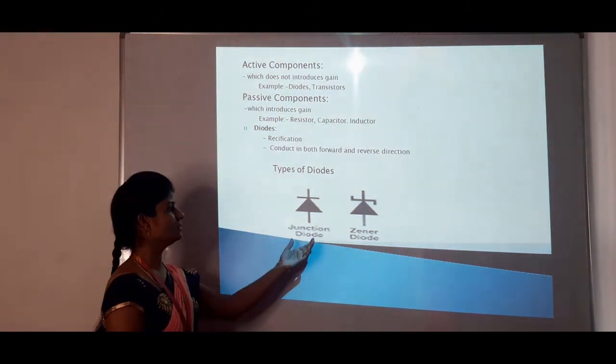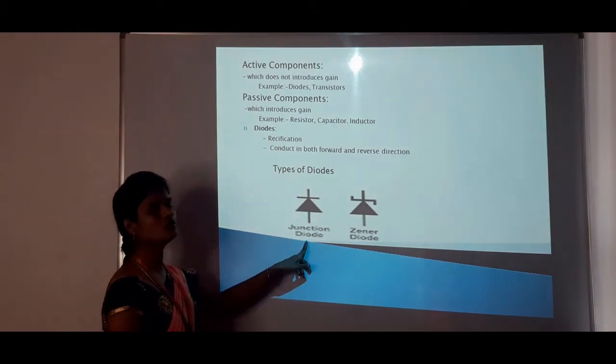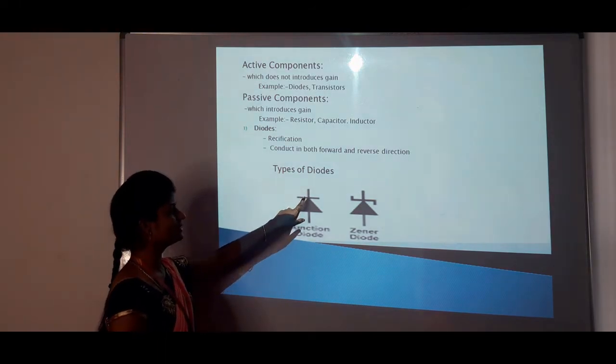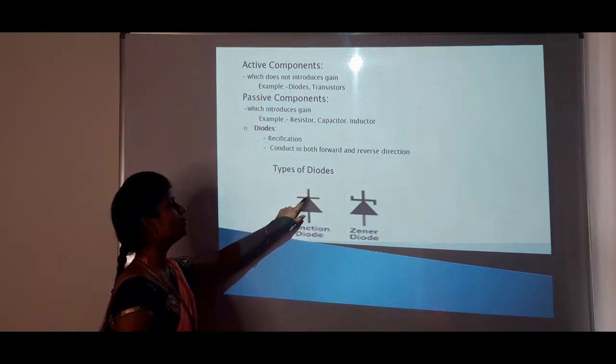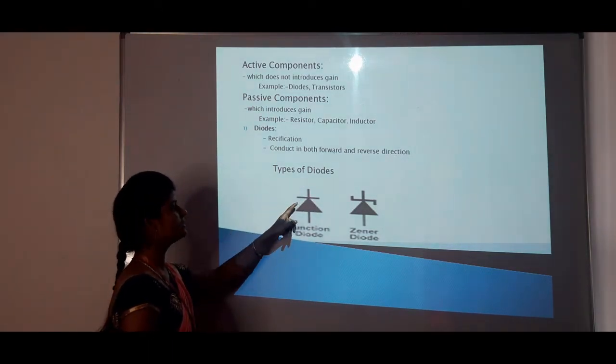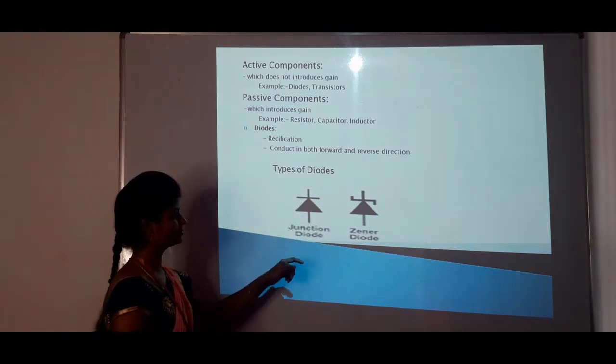Firstly, we see the junction diode. Here is the symbol of the junction diode. It has two terminals. The terminal which is opposite to the junction terminal is the cathode terminal, and the other terminal is the anode terminal.